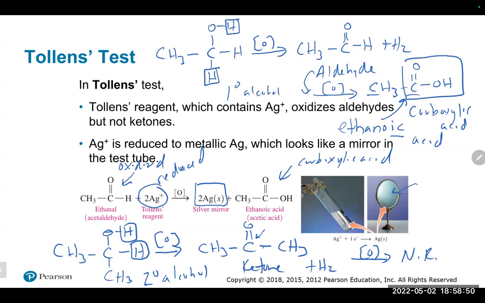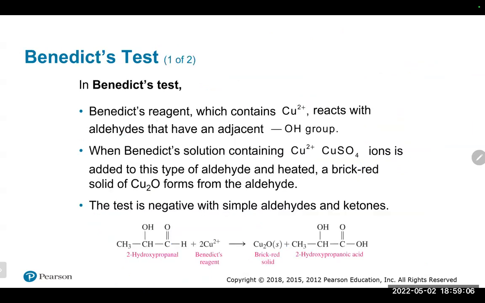A more common test that you can use to help you decide between an aldehyde and ketone is the Benedict test, which I think you guys did when you did the dialysis bag, usually. That kind of orangey color. Should be reddish, but not orangey. That is also a test that you could use to determine whether or not you have an aldehyde or a ketone. Same thing happens here.